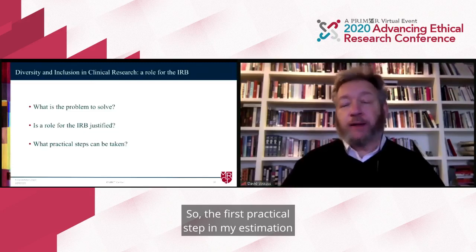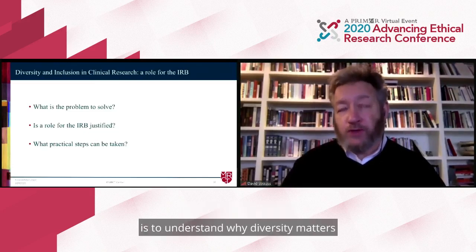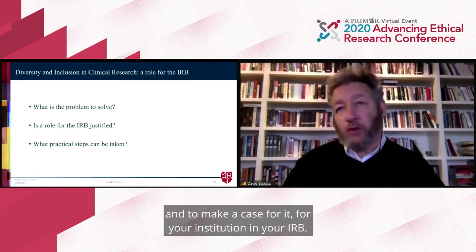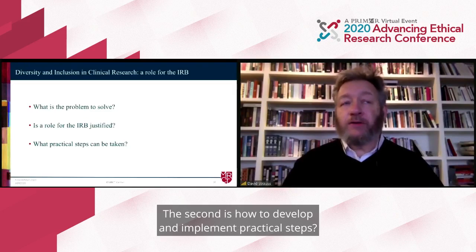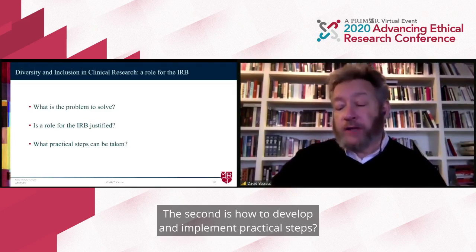So the first practical step in my estimation is to understand why diversity matters and to make a case for it for your institution and your IRB. The second is how to develop and implement practical steps.